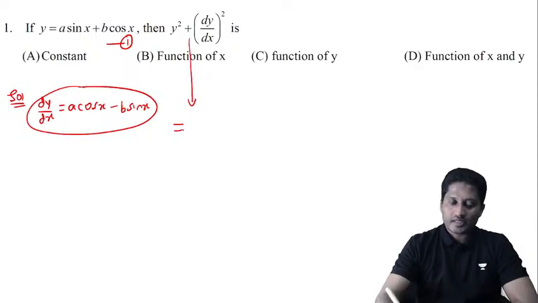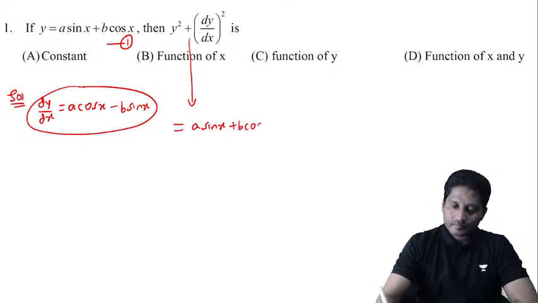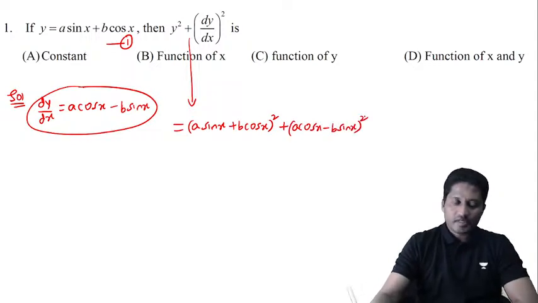If I substitute here, the y value is (a sin x plus b cos x) the whole square, plus (a cos x minus b sin x) the whole square. Now let us simplify this.